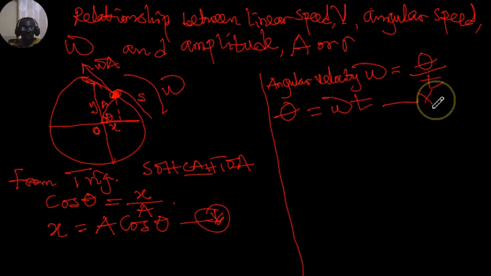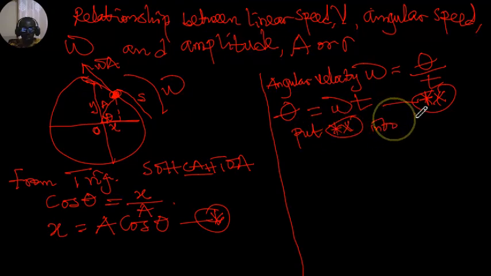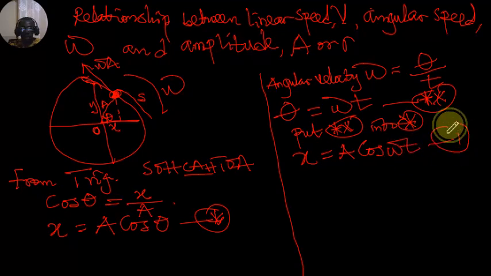Call this equation star star. If I put equation star star into equation star, we are going to have it that x equals a cos theta becomes x equals a cos omega t. Keep that as equation 1.